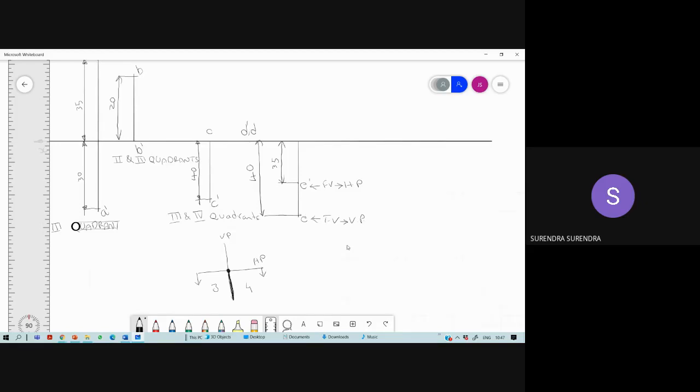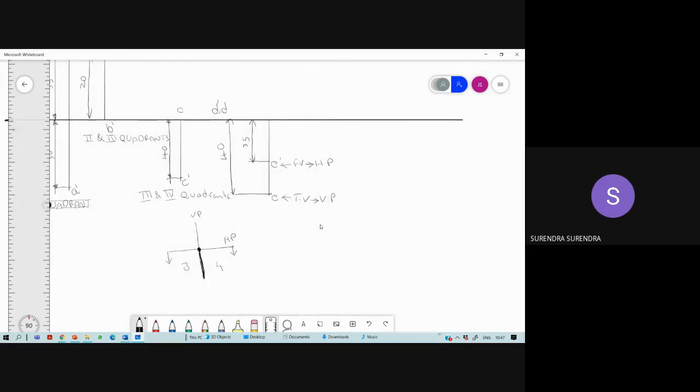When it is in front of VP. So the condition is the point is below HP and in front of VP. So it is in the fourth quadrant. Point E is in the fourth quadrant.